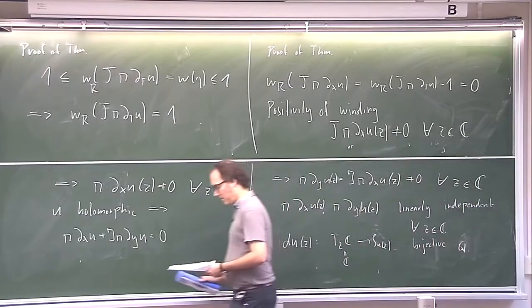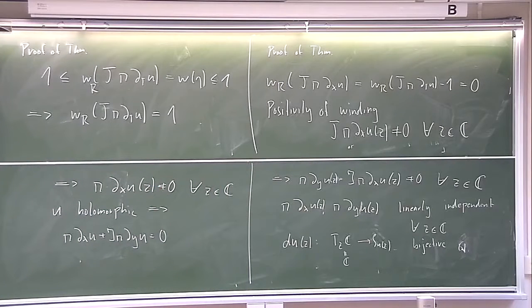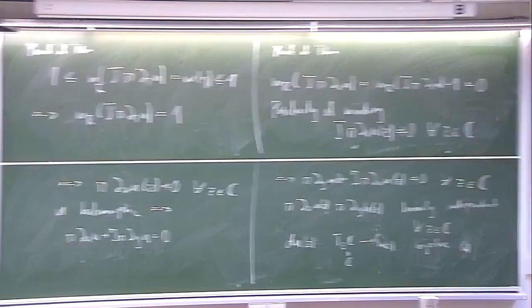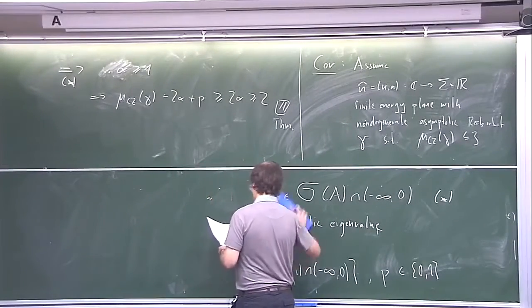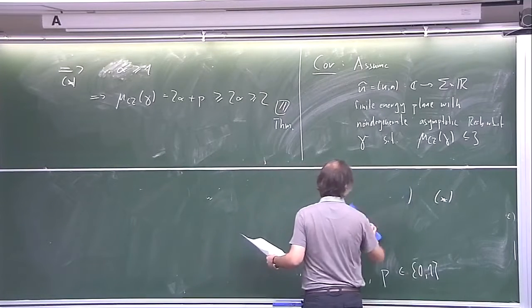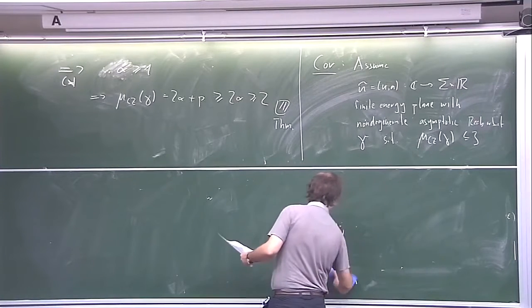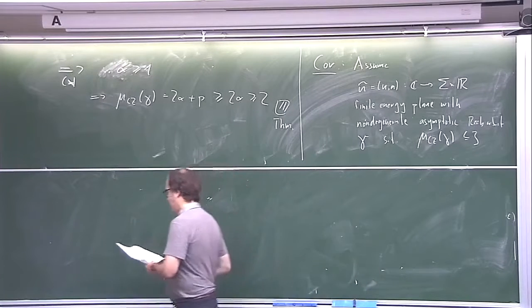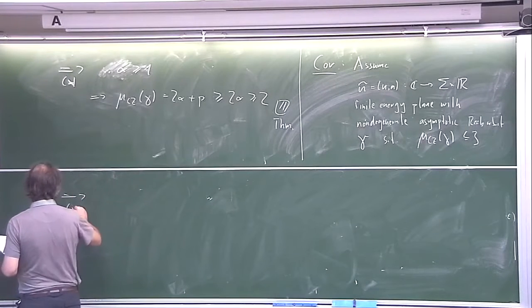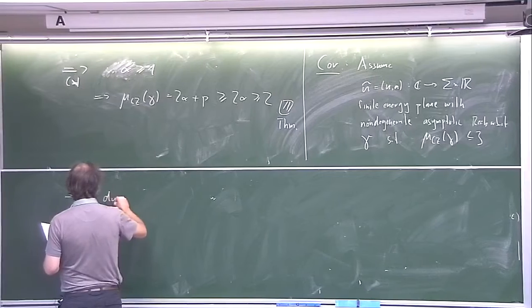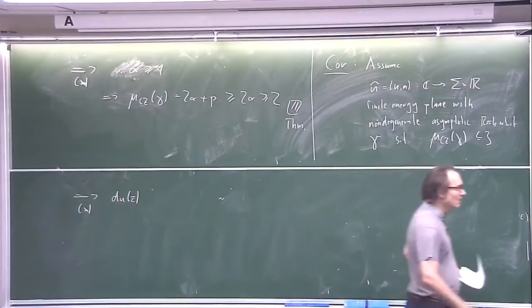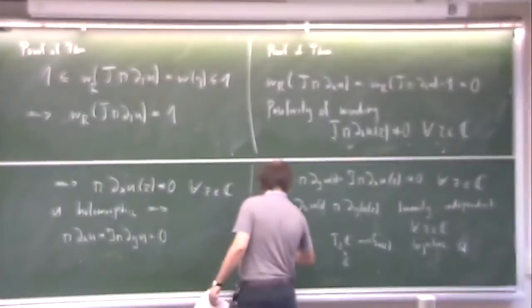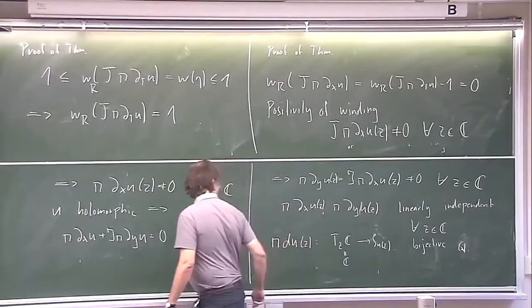Then we have that pi du(z) is a bijection.